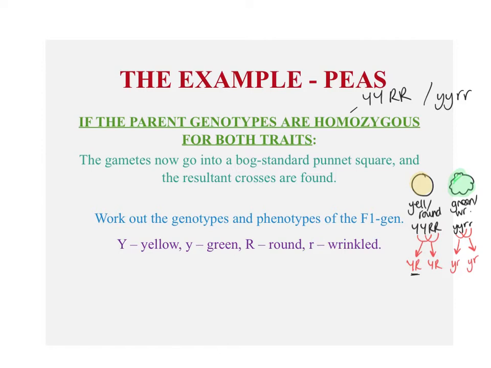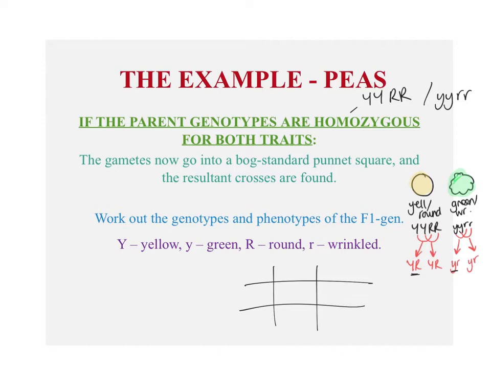So we know that for our yellow round parent we've got the big Y, big R gametes, and for our green wrinkled P parent, we've got little y, little r's. And that's just going to go into a bog standard Punnett square, the same one that we did last time with the monohybrid inheritance.